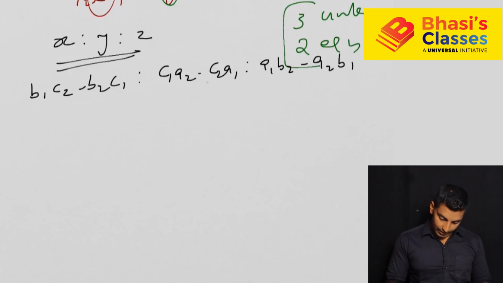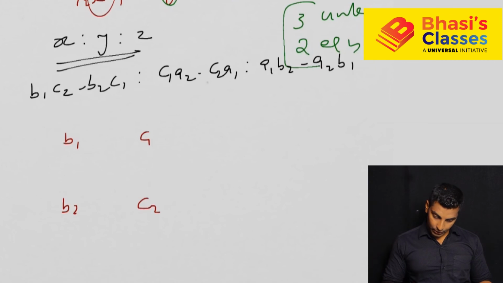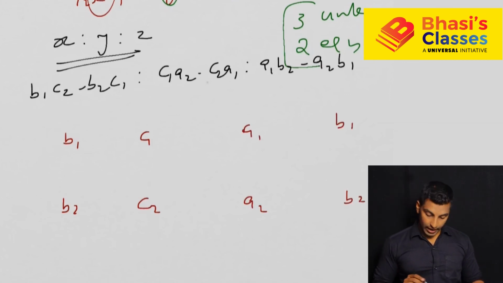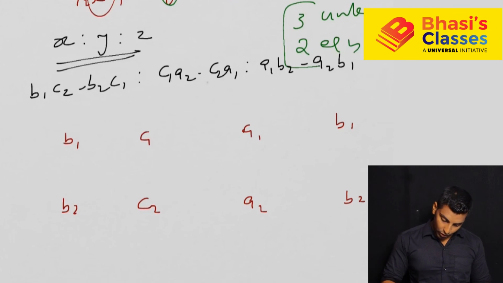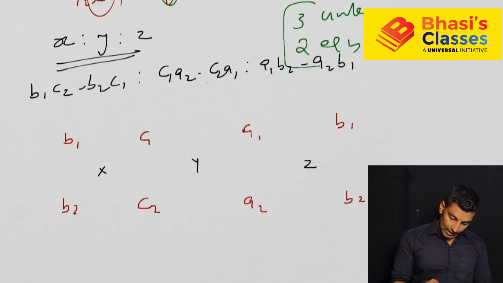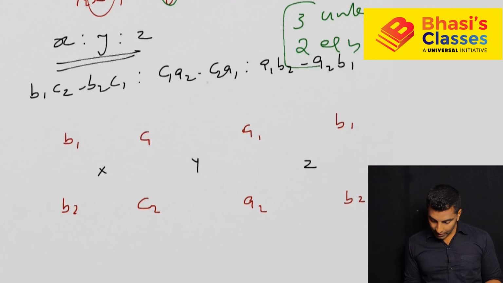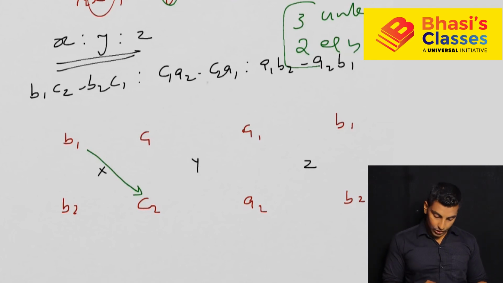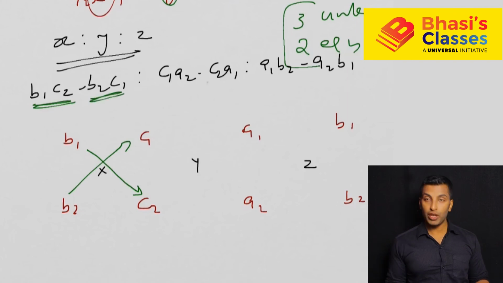You can write like this: b1, b2, and c1, c2, then a1, a2, then b1, b2. This set of 4 I am going to use for x, this for y, and this for z. You start from here and come like this, so you get b1c2, then go like this, so you get b2c1, so you got x.